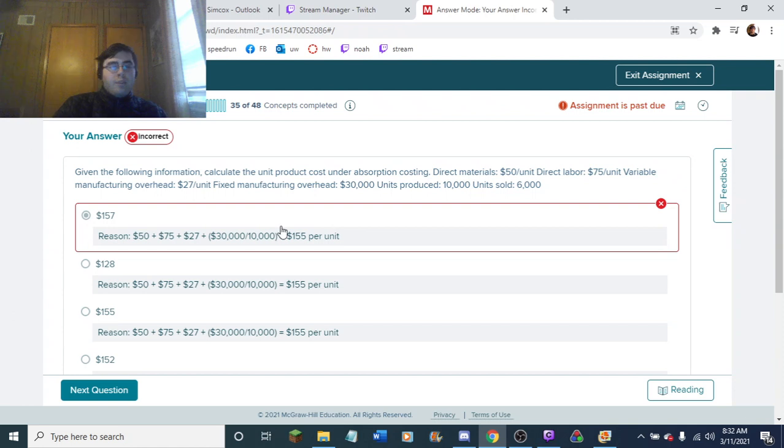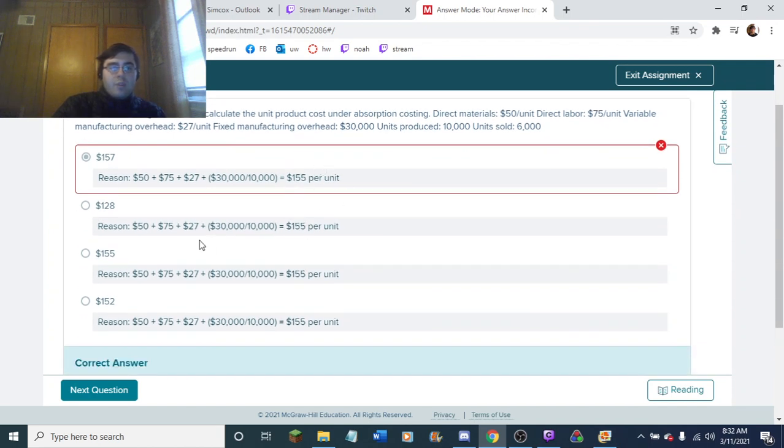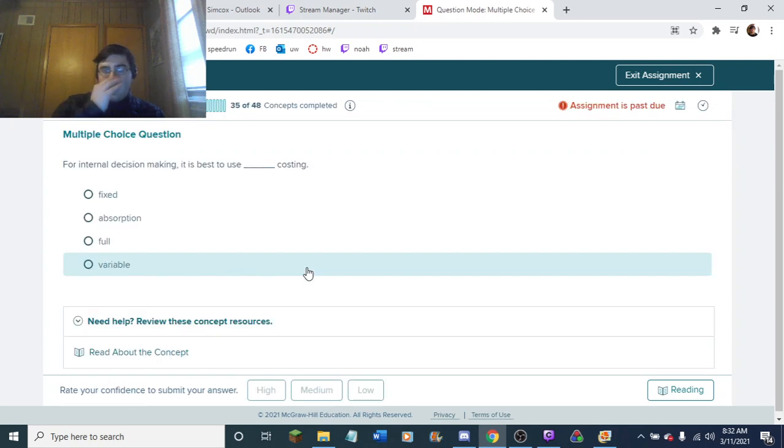Oh wait, no. It says fixed manufacturing overhead. Oh wait, so you do direct materials, direct labor, and variable. You add those, and then you do the fixed one by doing 30,000 divided by the number of units. That's easy, and that's easy. Okay, so one, yeah, I know how to do that.